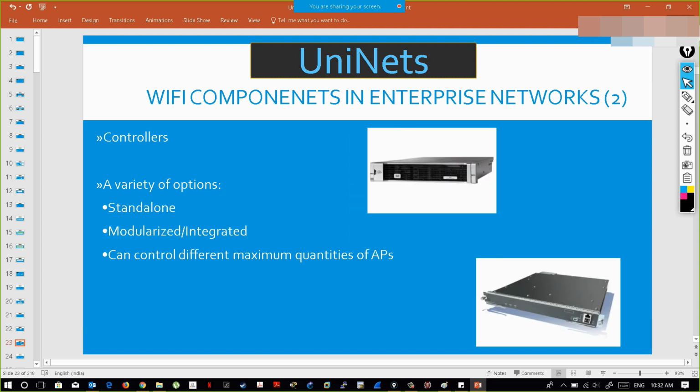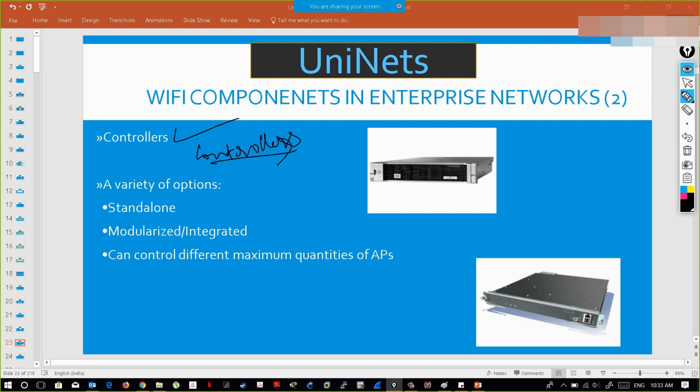And controllers. Controllers are the devices which are used to monitor or maintain the access points.